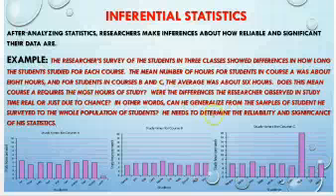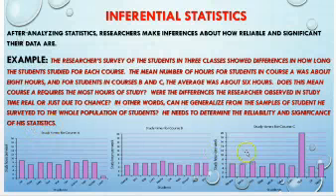In other words, can he make a generalization from the samples of students he surveyed to the whole population of students? And he needs to determine the reliability and significance of his statistics. Is this a reliable study?